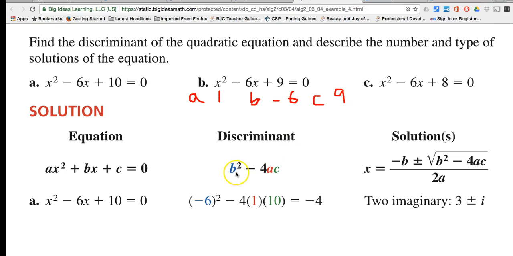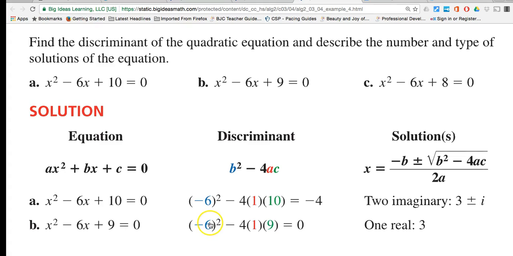Now, when we plug our values into the discriminant, we're going to take b squared, which is -6 squared, just like our previous one, minus 4 times A times C, which is 9. And when we work this out, we get -6 squared, which is 36, minus 4 times 1 times 9, which is 36. So we get 36 minus 36, which is equal to 0.